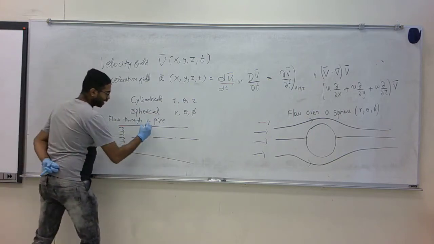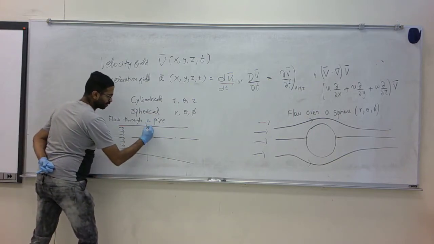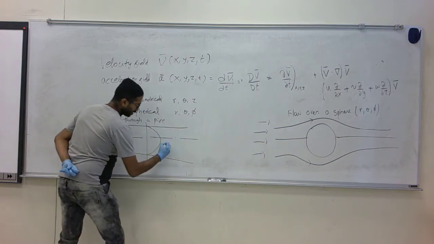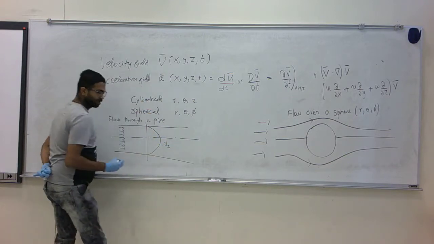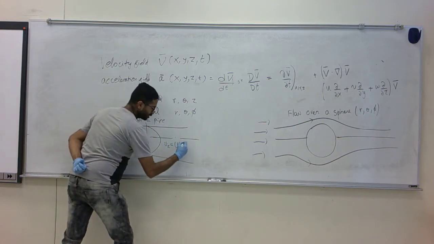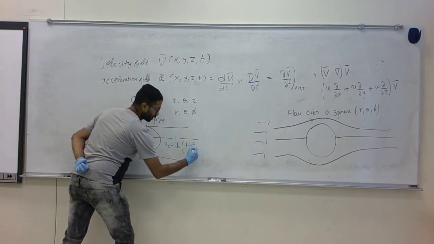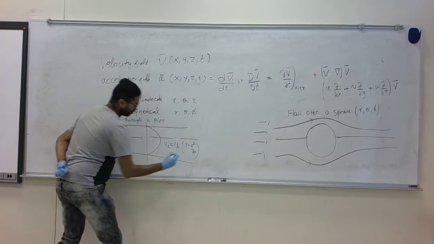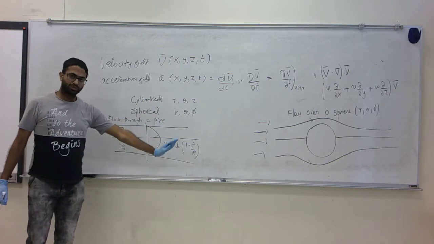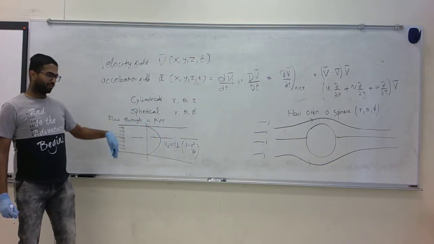And then after a while, the velocity profile looks like a parabolic shape. That is, the velocity along the z direction, the axial velocity, is equal to a constant times 1 minus r squared over R squared. So this velocity is independent of the axial position.